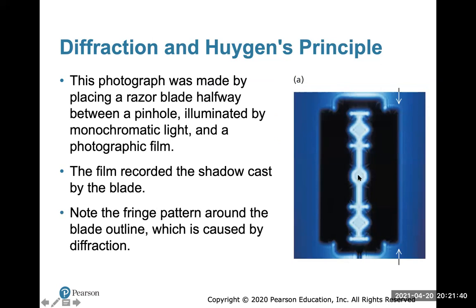You can imagine the razor blade here. But notice these blurred edges. Look closely. There's a region here of brightness around the edge, around the shadow created by the razor blade on the film. A region of brightness, and then actually a couple other thin lines of brightness.